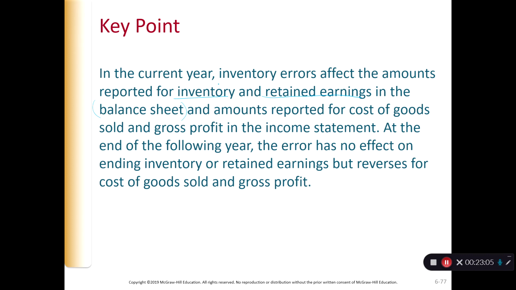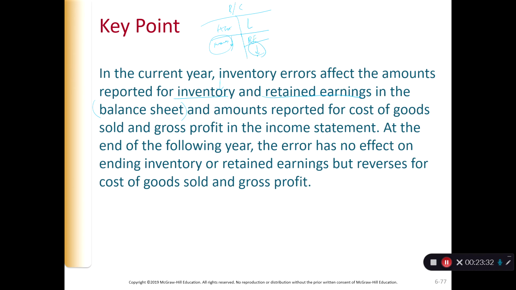Because when you underestimate ending inventory, your asset side, the inventory, is understated on the balance sheet. Your liability side doesn't change, but your retained earnings is going to be lower because your net income is going to be lower. So you will hit the balance sheet twice: the inventory reduced and the retained earnings reduced.